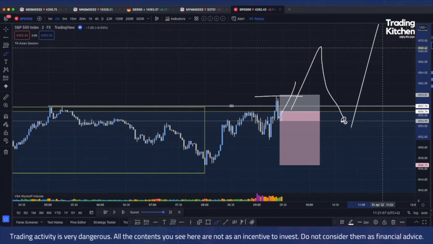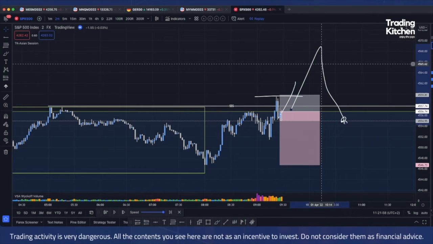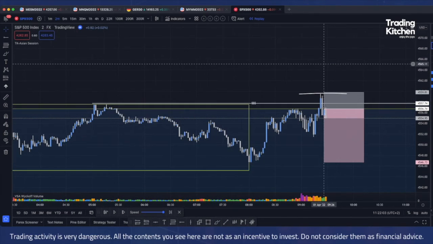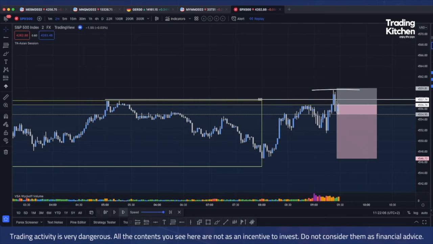And basically this one is one of the Asian session strategy setups, okay. So let's move forward.